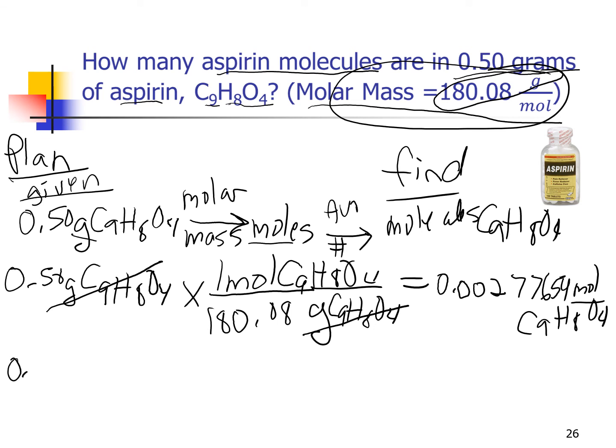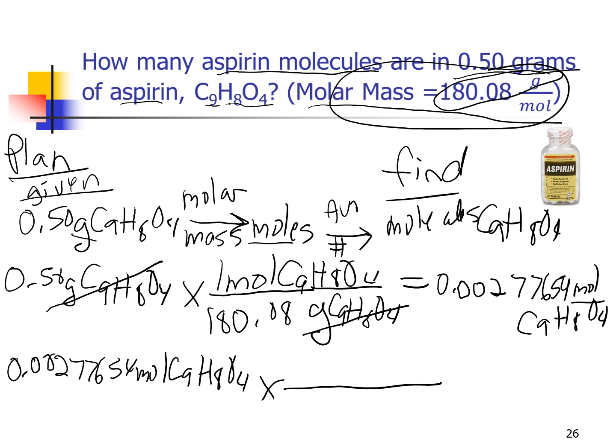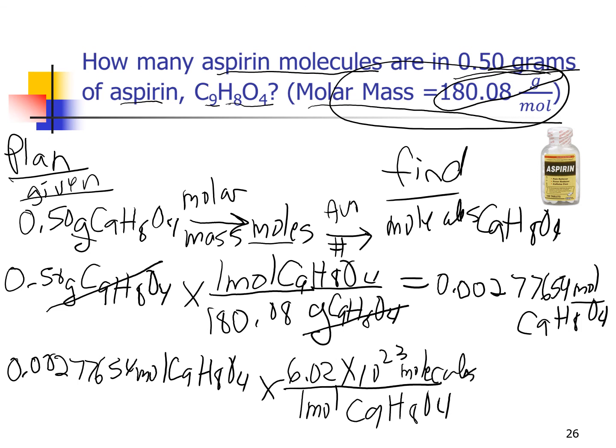So I'm going to rewrite my moles below. 0.0027764 moles C9H8O4. And then with Avogadro's number, we have 1 mole, which I'm going to write at the bottom, of C9H8O4 contains 6.02 times 10 to the 23rd molecules of our aspirin.